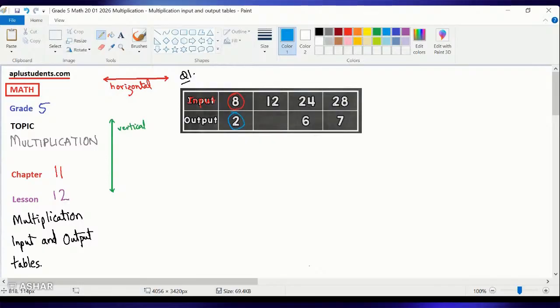That means 8 is being divided by a number to give this answer. If we put 8 in, 8 is divided by 4 to give a 2. Similarly, the next number, 12, when divided by 4 would give a 3. Agreed?